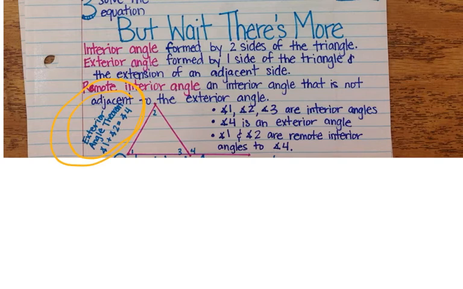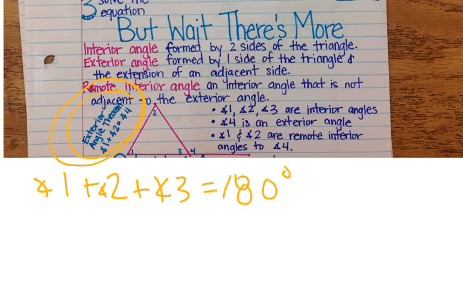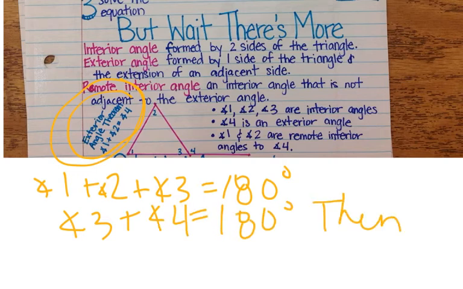If I already know that angle 1 plus angle 2 plus angle 3 equals 180 degrees, and I know angle 3 plus angle 4 equals 180 degrees, then angle 1 plus angle 2 must equal angle 4.